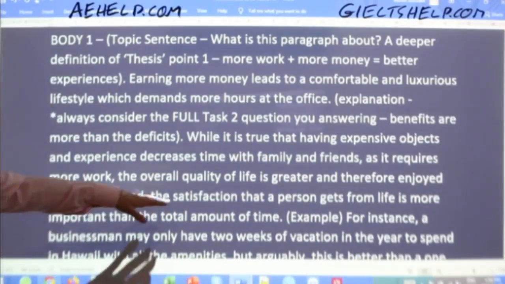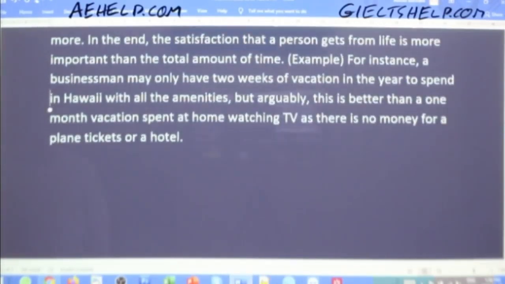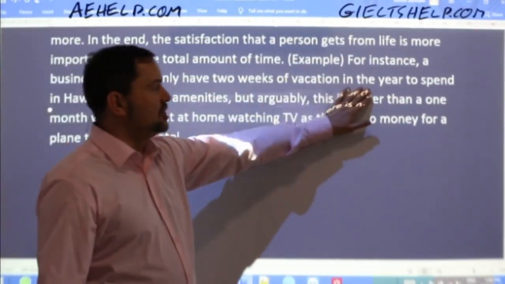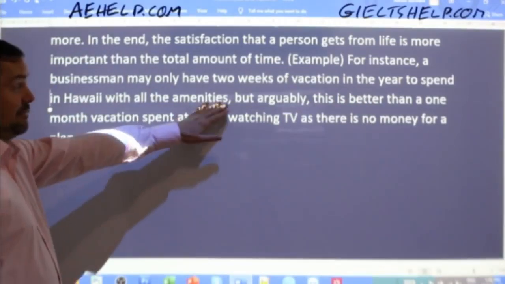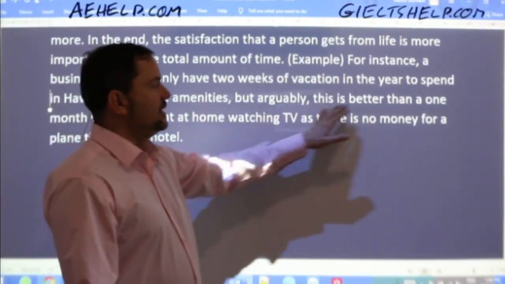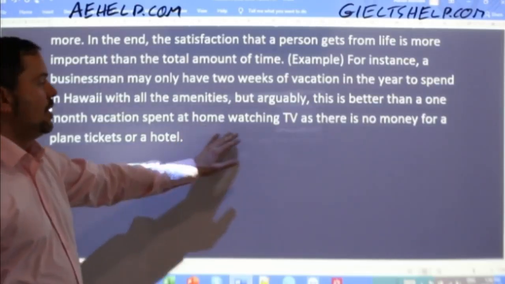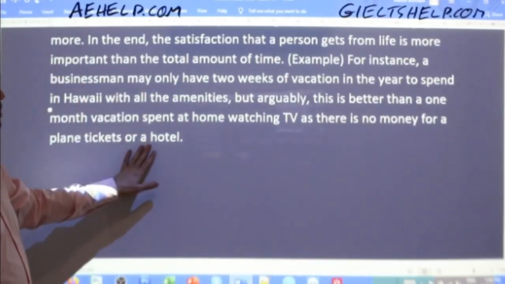In the end, the satisfaction that a person gets from life is more important than the total amount of time. For instance, a businessman may only have 2 weeks of vacation in the year to spend in Hawaii with all the amenities and family, but arguably this is better than a 1 month vacation spent at home watching TV, as there's no money for plane tickets or a hotel.